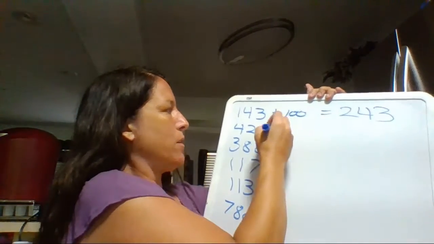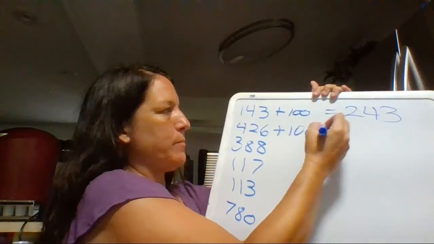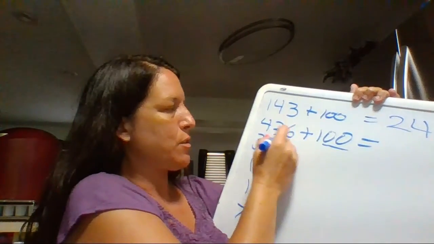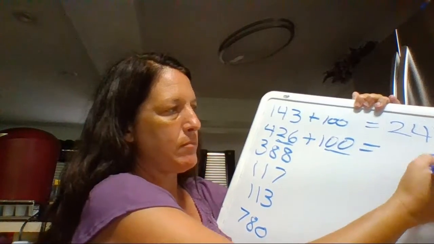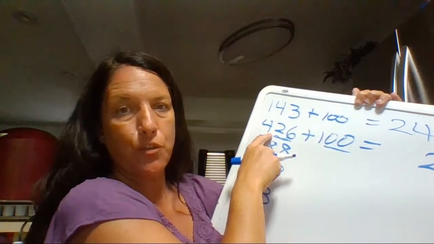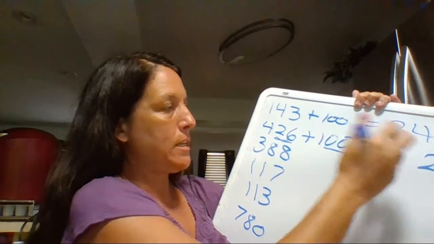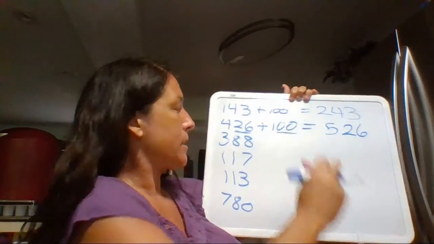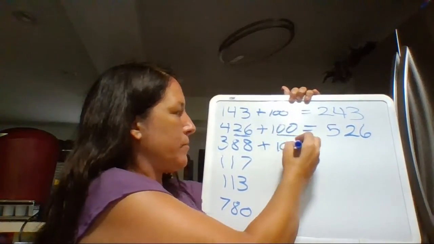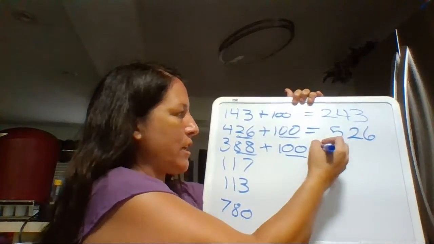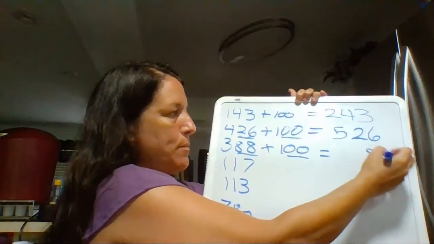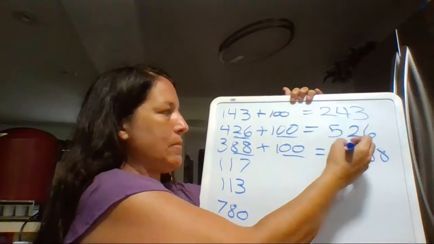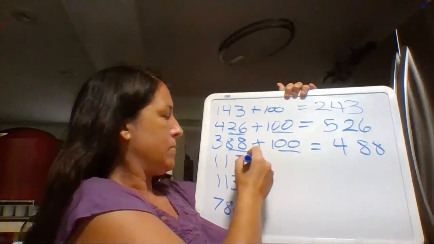243. All right, we're going to add 100 to this number. Same thing. The tens and the ones have zeros in them, so these aren't going to change. Only number that's going to change is your 4. 4 plus 1 is 5. 526. Same thing with the next one. These two numbers aren't going to change. Just write them over here in the tens and ones place. 3 plus 1 is 4.